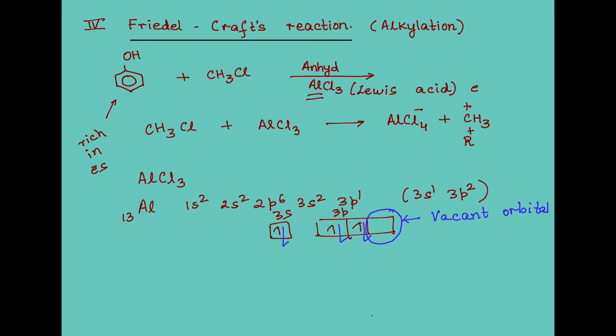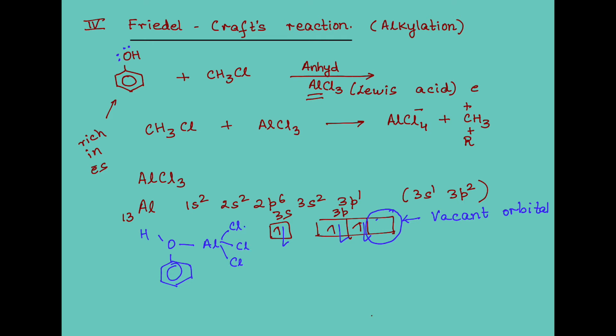In the case of phenol, it knows that oxygen is electron rich. So our aluminium chloride actually goes and forms a complex with the OH group in the case of phenols. I can draw it something like, so if I know it is forming a complex with the OH group, so aluminium gaining electrons, it would be something like this, right?